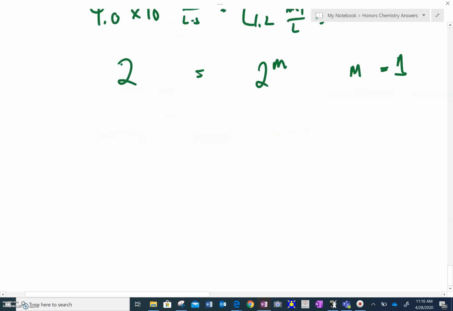So that means that the rate for this equation is going to be equal to some rate constant K times the initial concentration of A raised to the second power times the concentration of B raised to the first.